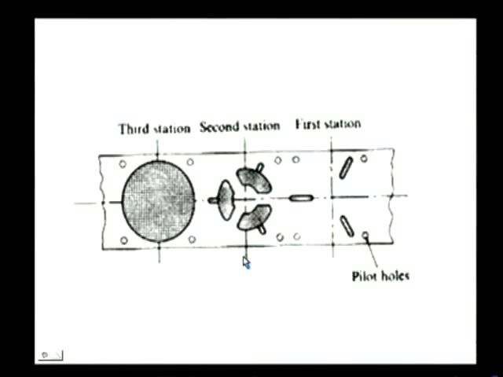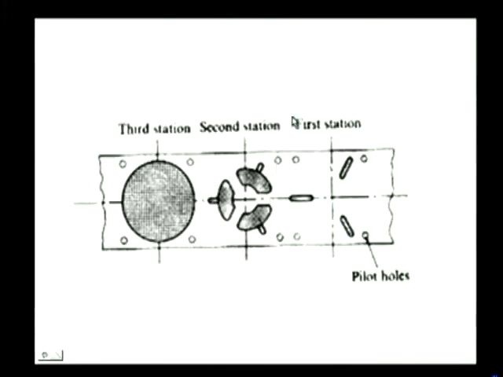As the ram moves upwards, the stock is made to move through some exact predetermined distance, so that the holes made at the first station move exactly to the second station, where the second operation is also completed along with these holes.